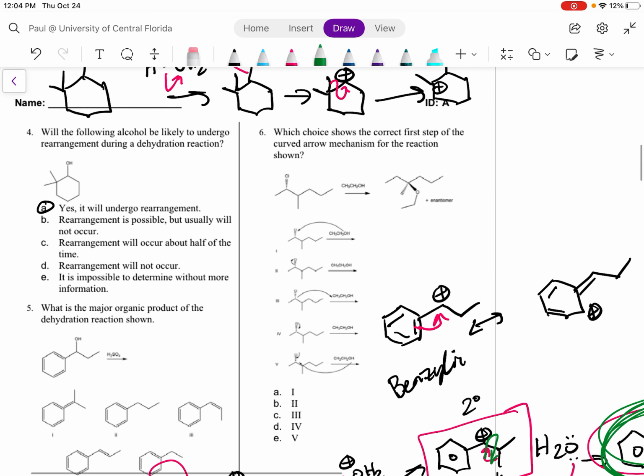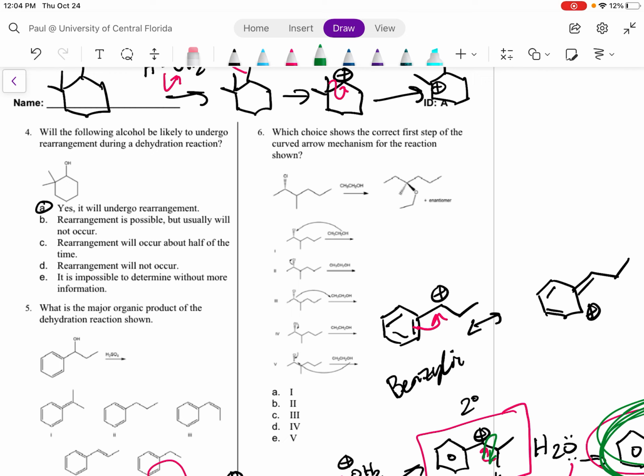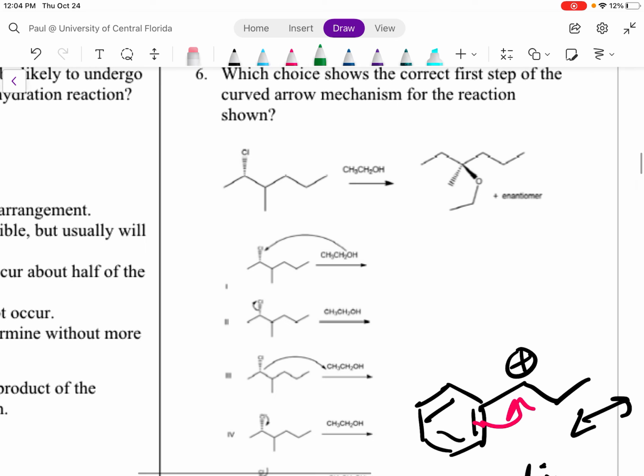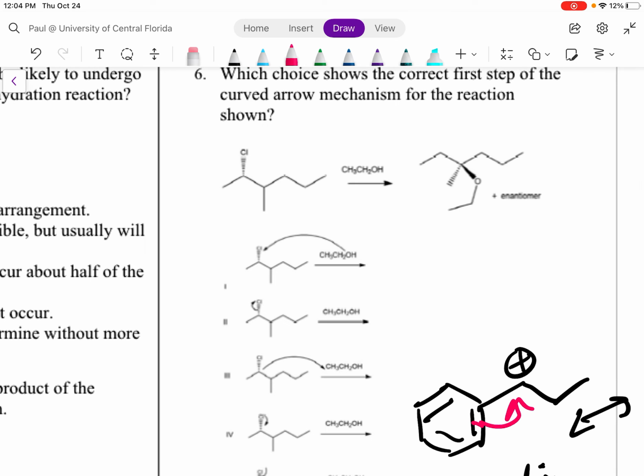Question 6. Which choice shows the correct first step of the curved arrow mechanism for the following reaction? Okay, so when we zoom in here, I know it's not the best picture here. What have we done? Let's see. We've done a substitution reaction.